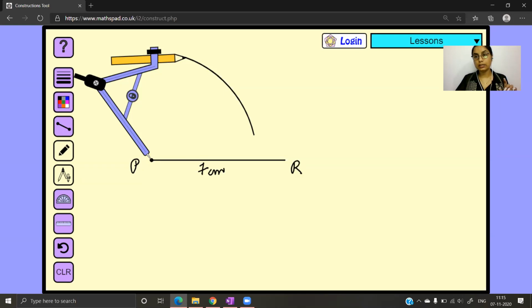This one is with distance 5.5. The radius is 5.5 centimeters. Just keep letting me know that you have done so that we can move on to the next step.